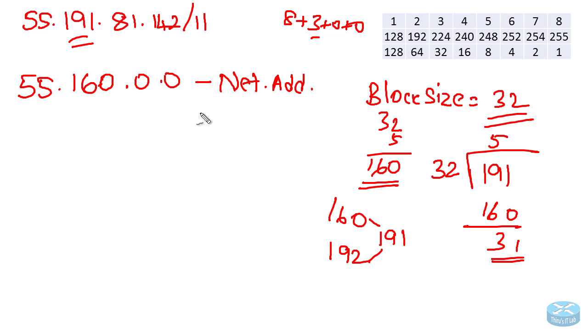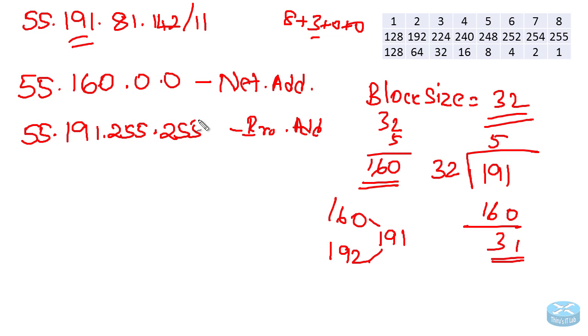So what's the broadcast address now? The next block is 192, so the broadcast is one less than that: 55.191.255.255. This will be the broadcast address.